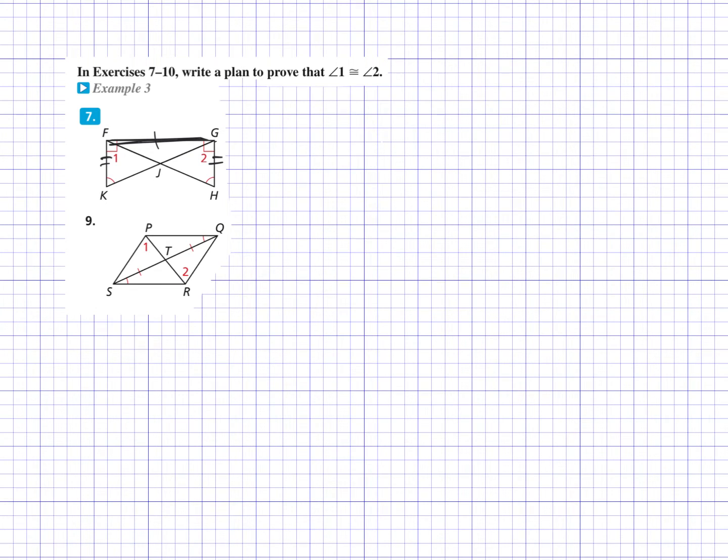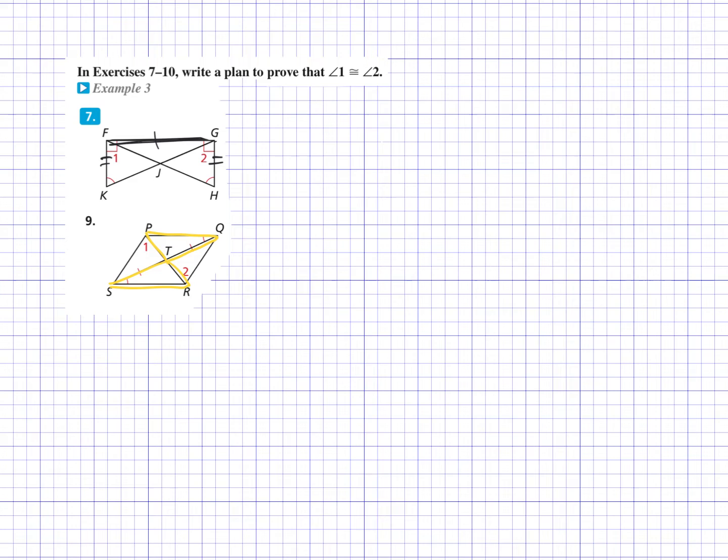All right, number 9. What do we have? We want angle 1 and angle 2. So let's see here. Okay, so I see alternate interior angles converse theorem, to make PQ parallel to SR. And if those two are parallel, cut by this transversal, then this angle and that angle are the same. So we're going to try to prove, let me mark it in yellow, those two triangles are congruent.